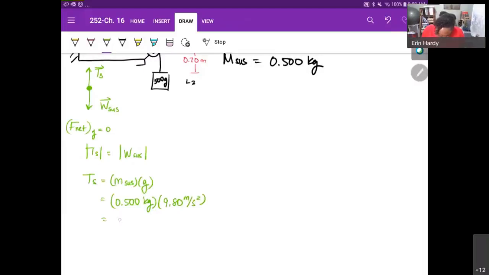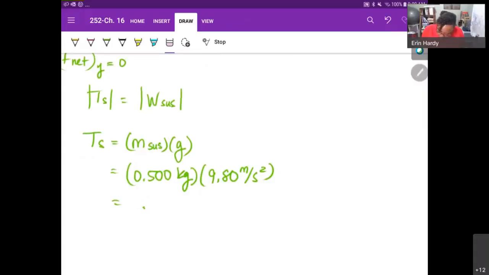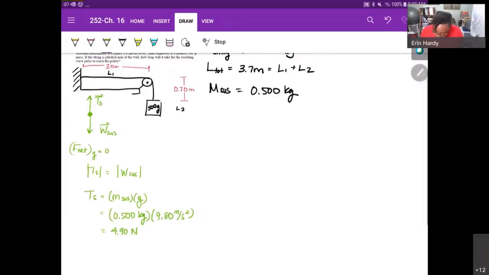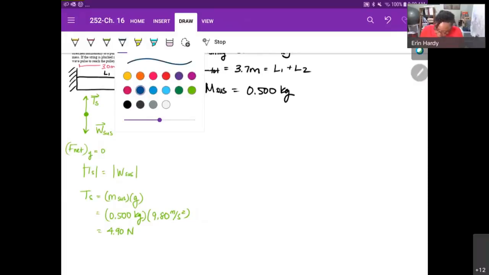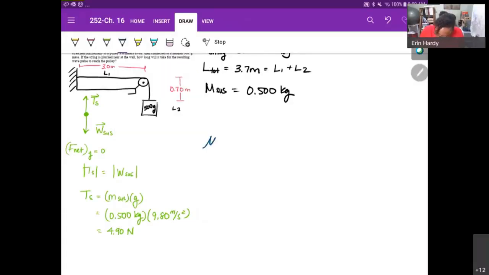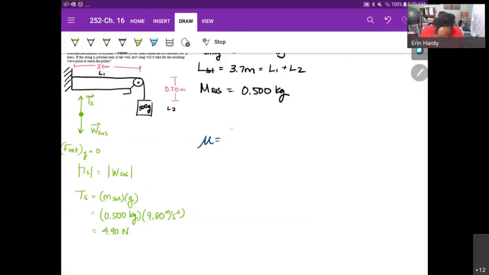This is going to be equal to 4.90 newtons for the string tension. So that is part of what I need to figure out the wave speed. The next piece is going to involve the linear density. Our linear density mu is going to be the mass of the string divided by L total.